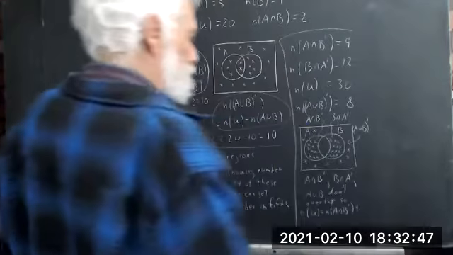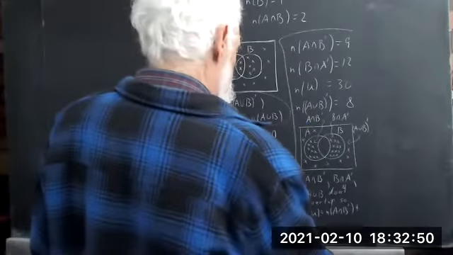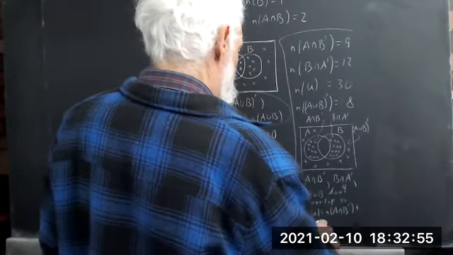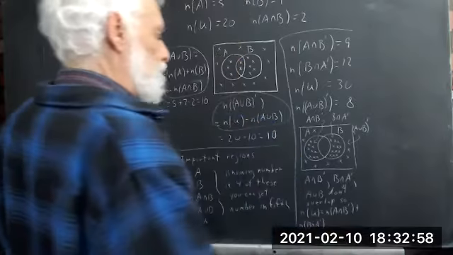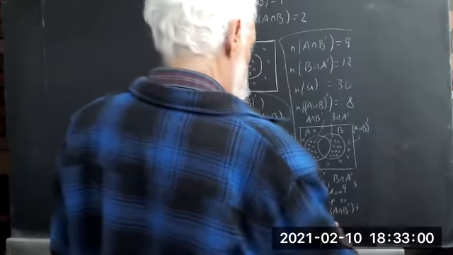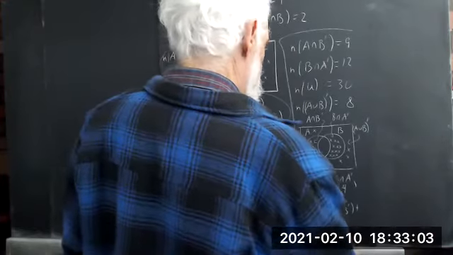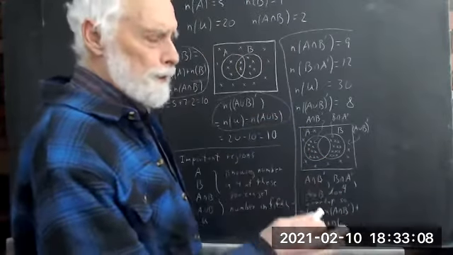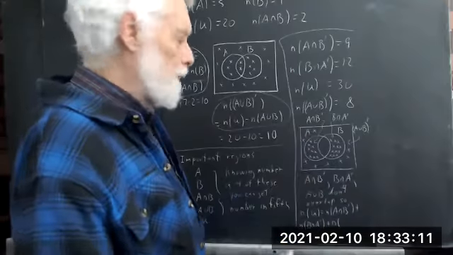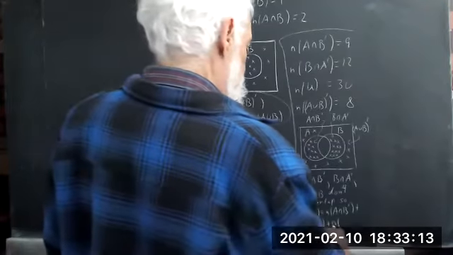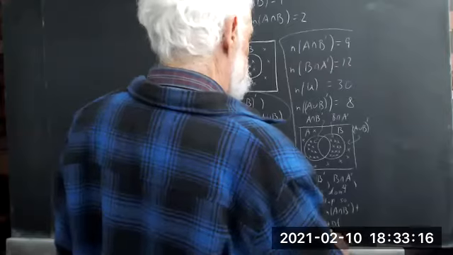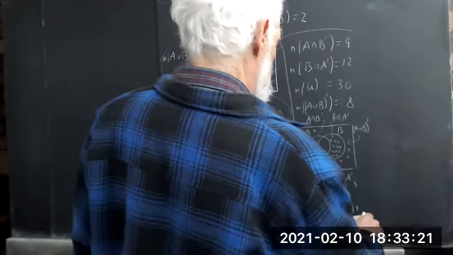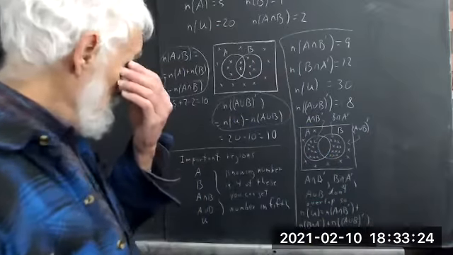Okay, number in U is number in A intersection B prime, plus the number in B intersection A prime, plus the cardinality of, I say number in, it's also the cardinality of. The cardinality is how many things you got in the set. That's going to be n of A union B prime.